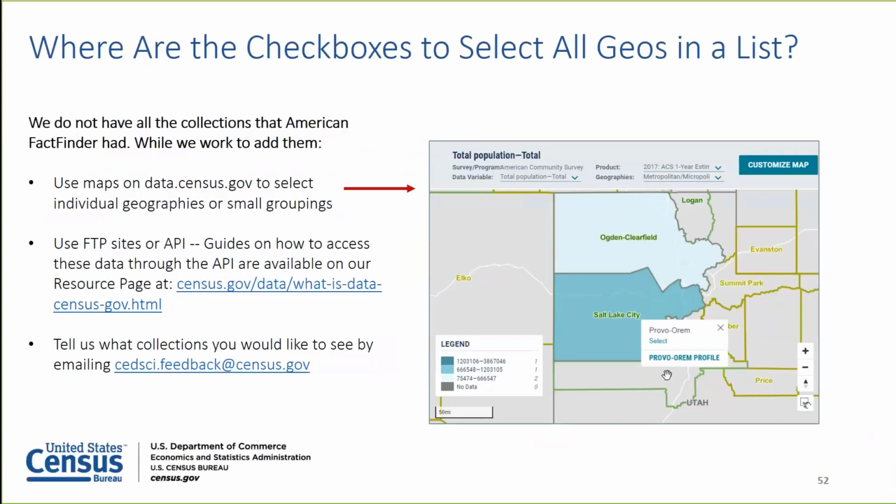Another question we frequently get is, where are the checkboxes to select all geographies in a list? This is definitely one of our top 5 questions that we get. We don't have all of those collections of geography that American FactFinder had.